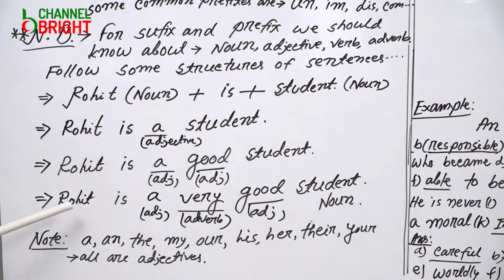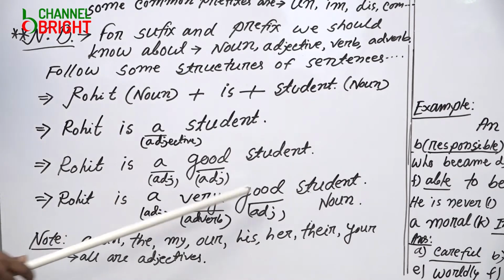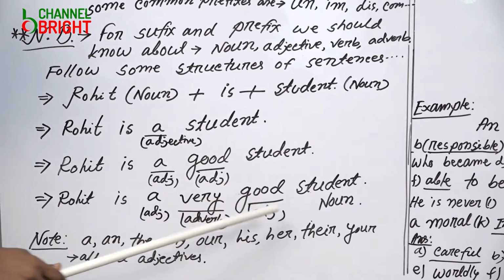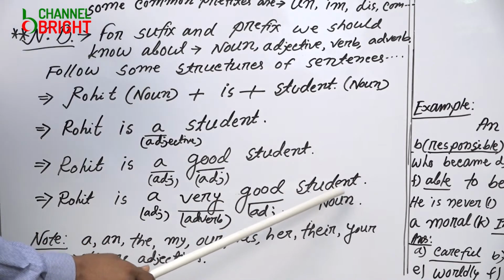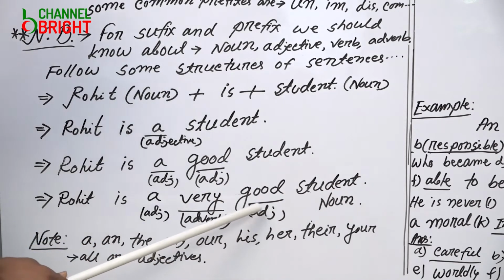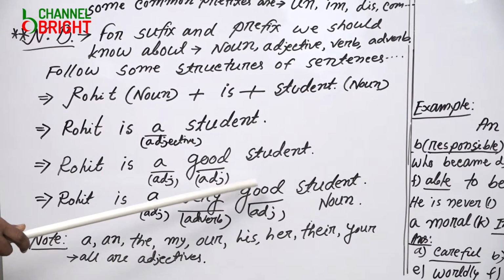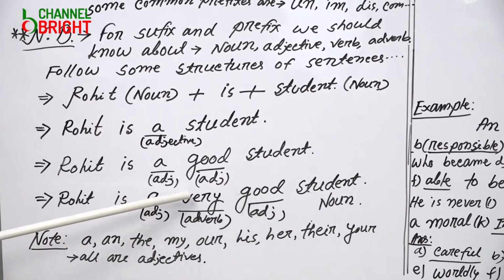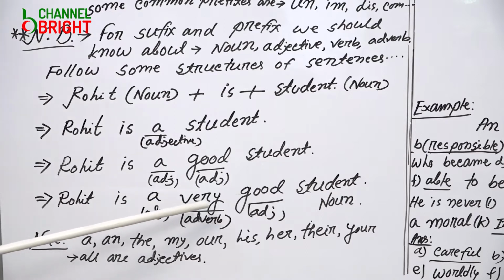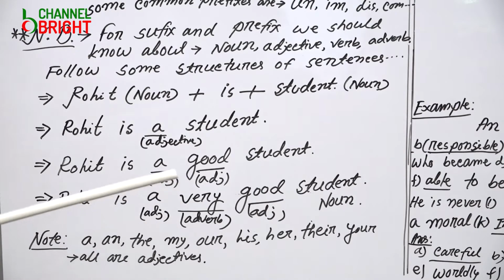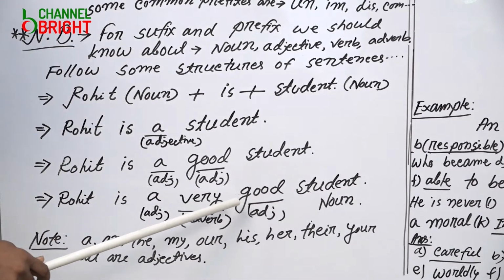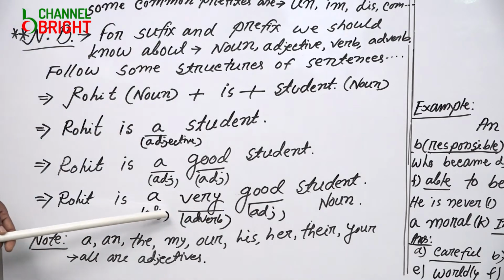So the third rule is Rohit is a very good student. Here the new word is very, an adverb. So we should know that at the end of the sentence there is a noun, before the noun we can use an adjective, before the adjective an adverb can be used, and before an adverb we can use an adjective. So it's a new formula that between two adjectives we should use an adverb.